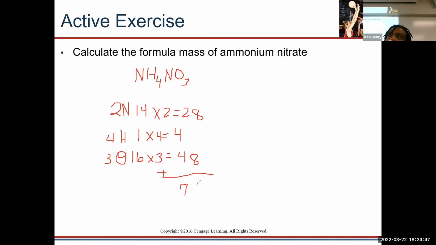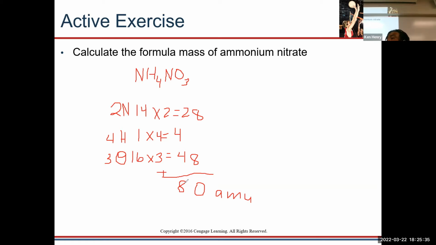It's 80. Yeah, atomic mass units. Usually it's all lowercase.